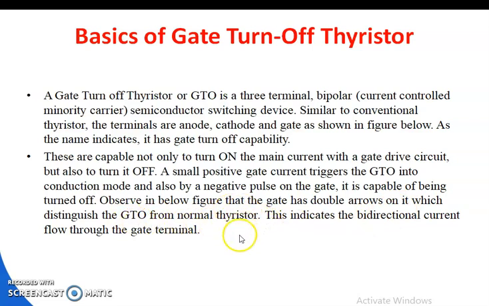This is the symbolic representation of the GTO. Otherwise, the construction and symbolic representation are similar to ordinary thyristors. The double arrow indicates bidirectional current flow through the gate terminal.